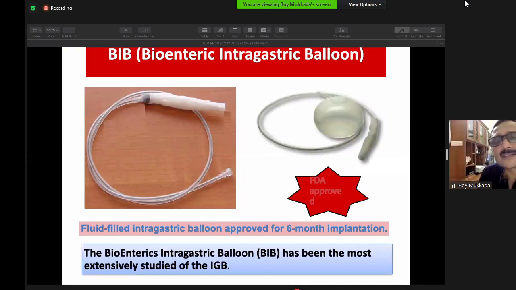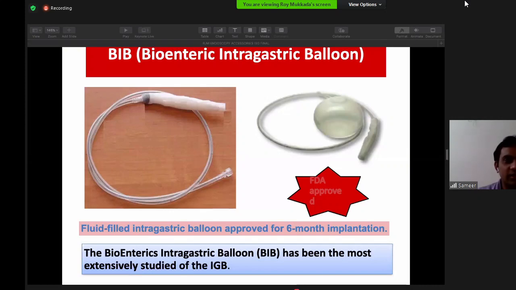What is the biggest disadvantage of this procedure? You reduce the weight, and then what happens? It reaches a plateau, sir. Only a 2 to 3 kg per meter square reduction in BMI can be there, but after that it reaches a plateau, and the patient will not benefit further.